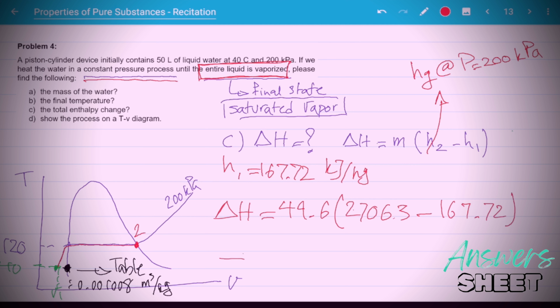And if we do the calculations, we get that the change of enthalpy is 125,913.36 kilojoules.